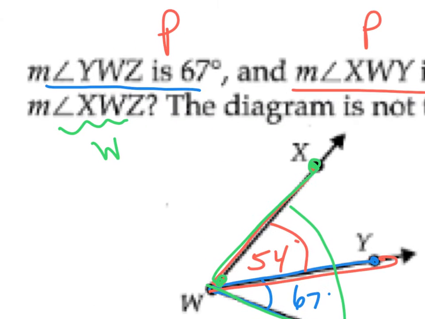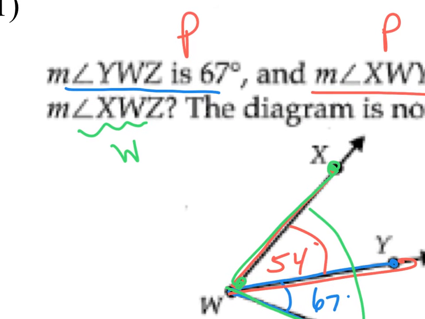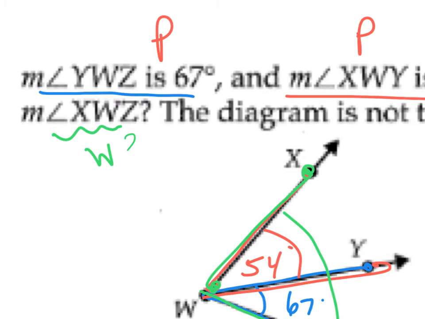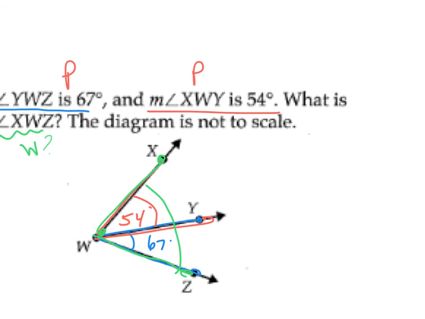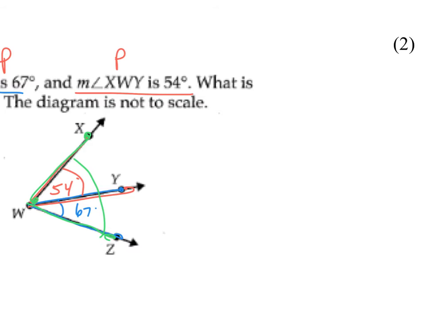I know that part plus part is equal to my whole. So I can just do 67 plus 54. And what's 67 plus 54? Yep, that's right, 121 degrees. So I can say angle XWZ is 121 degrees. And that's your final answer.